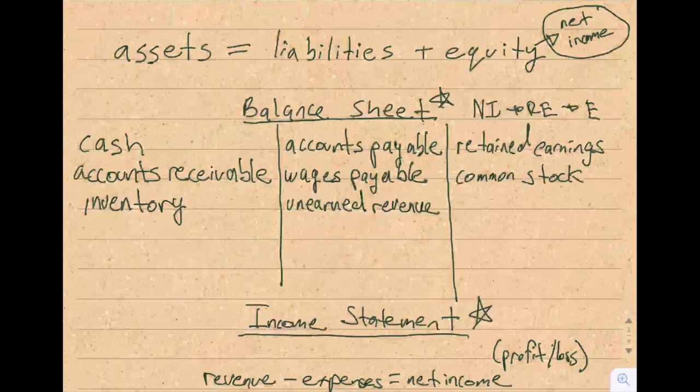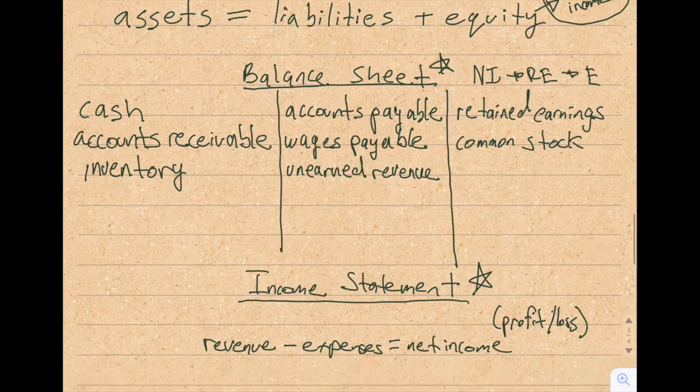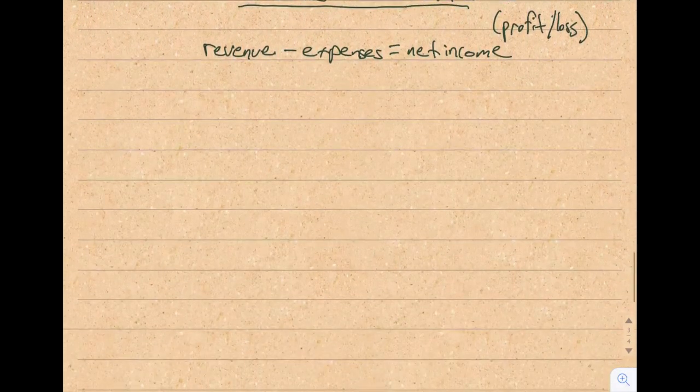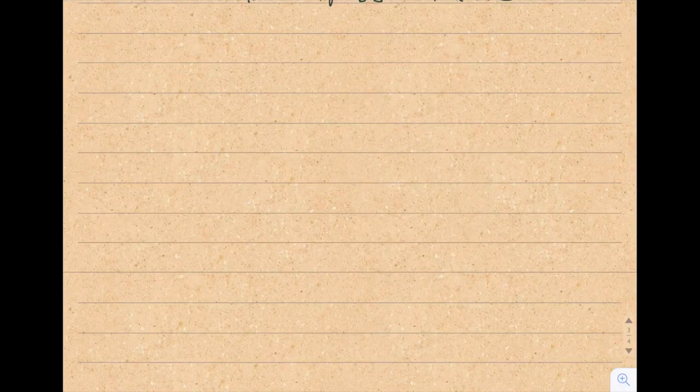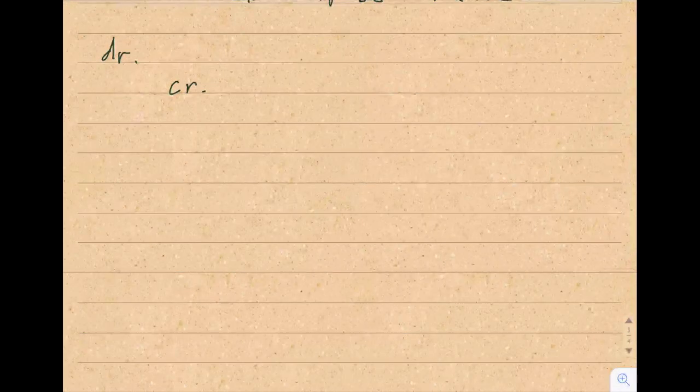Okay. So let's move on, and now let's actually talk about how we record business transactions. So let's use the example of I'm a business and I have done some work or sold a good and I haven't yet been paid.